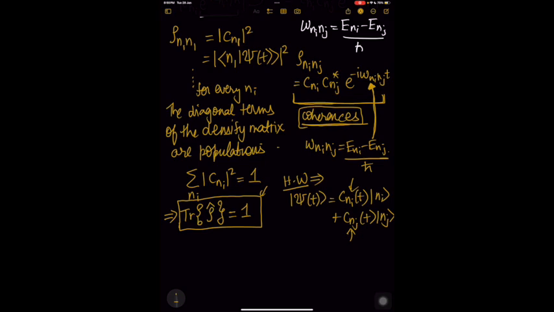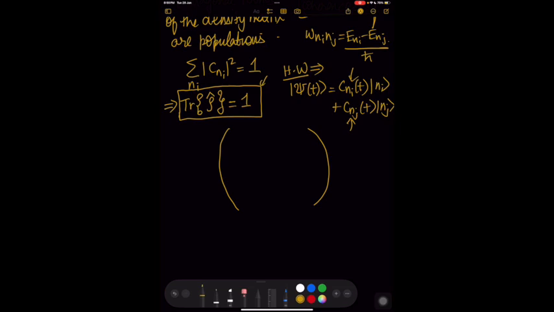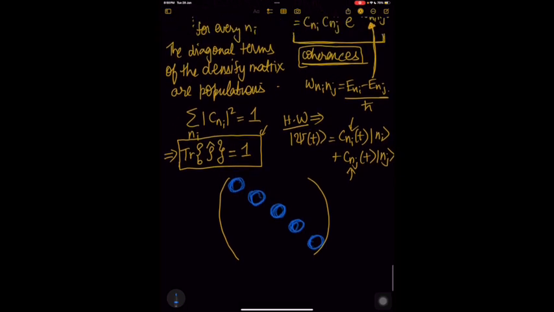So just to summarize whatever we have learned, the diagonal terms of the density matrix in any arbitrary basis represent populations, and the sum of all the diagonal terms is equal to 1. So that's the trace.